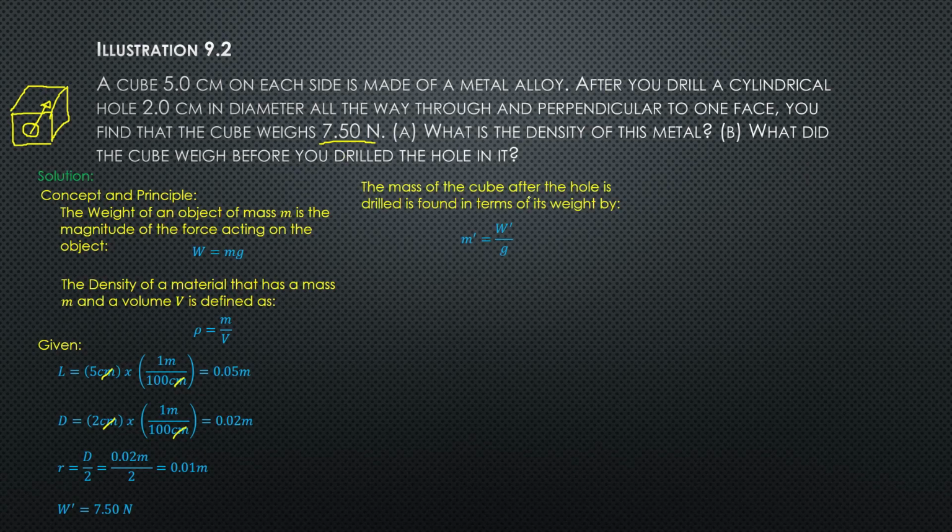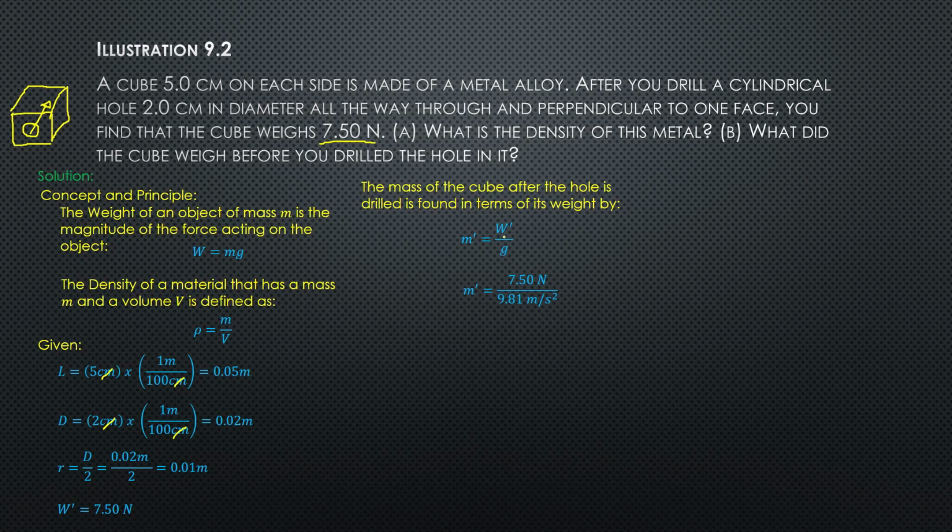So the mass of the cube after the hole is drilled is found in terms of its weight. The mass of the cube with the hole is given by weight divided by acceleration due to gravity, and that is derived from this equation. So dividing both sides by acceleration due to gravity, this leaves you mass alone, which will be equal to weight divided by acceleration due to gravity.